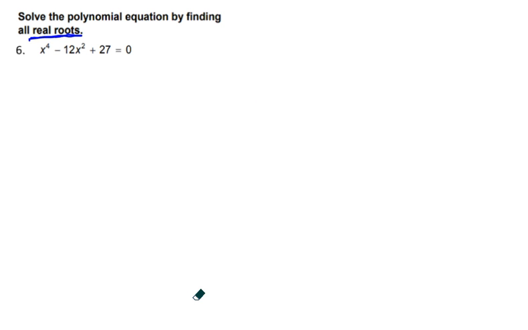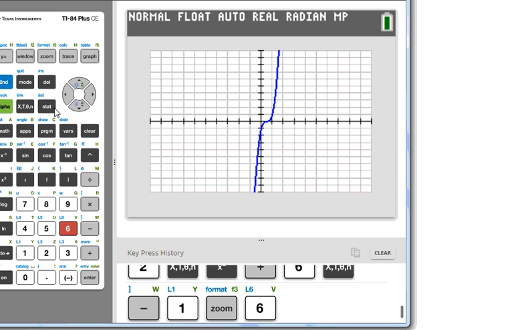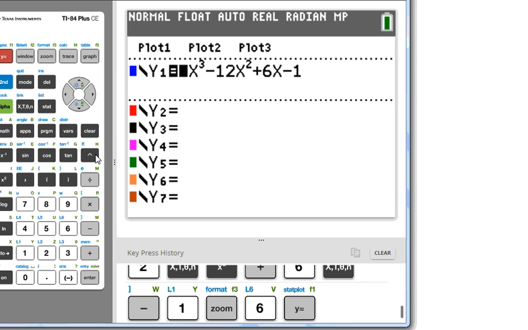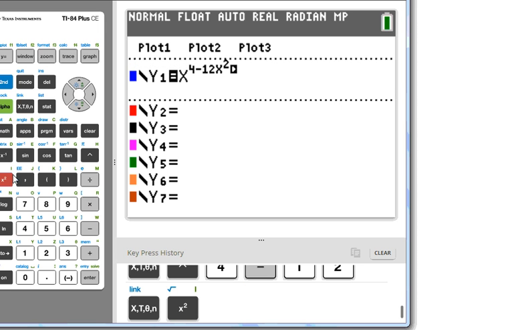Okay, next. Let's go ahead and just graph this and get a start on it. So we go back here: x to the fourth power minus 12x squared plus 27.